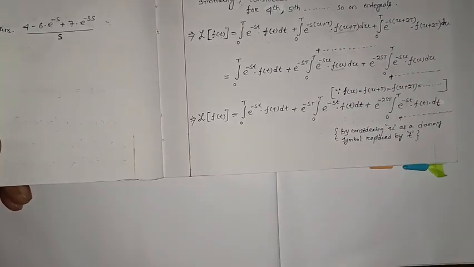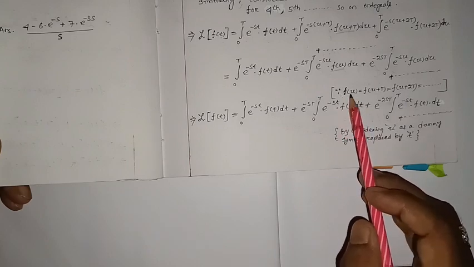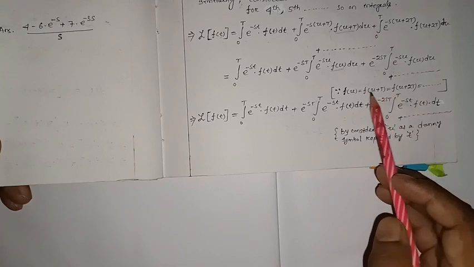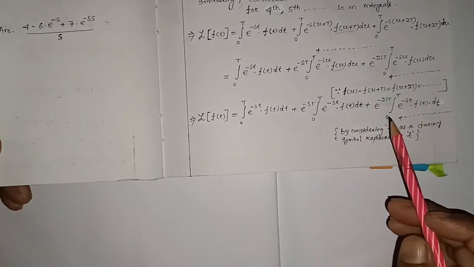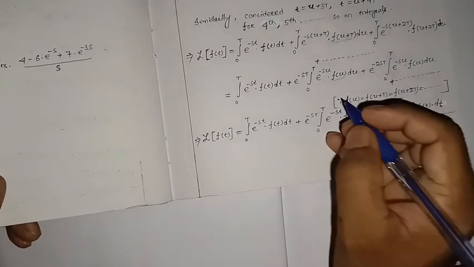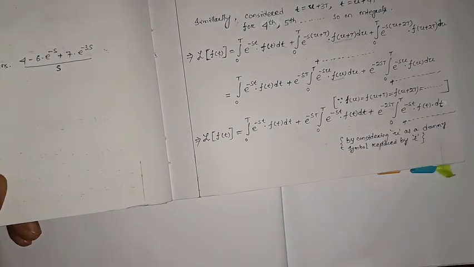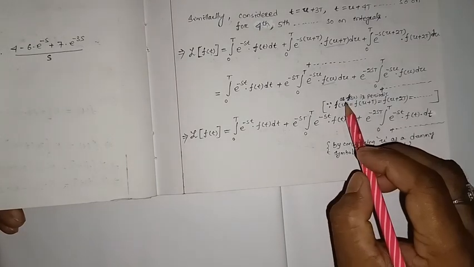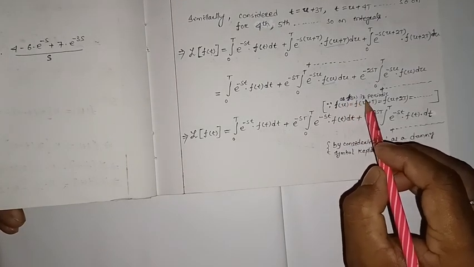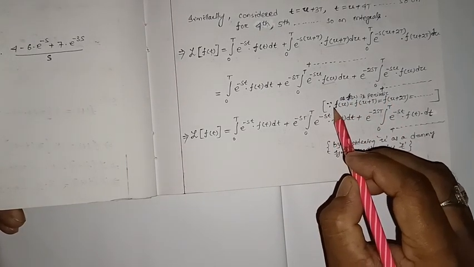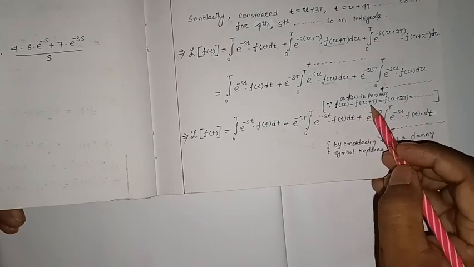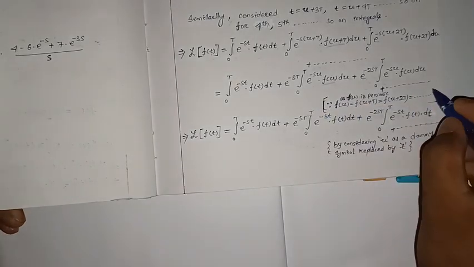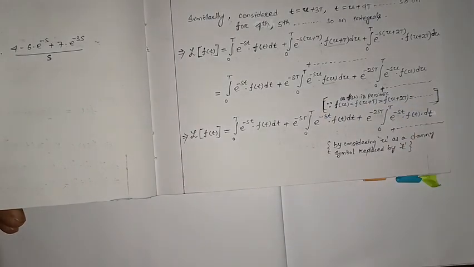So that means here it is written that f of u equal to f of u plus T equal to f of u plus 2T, because f of u is a periodic function. So f of u is periodic, therefore f of u equal to f of u plus T equal to f of u plus 2T and so on.